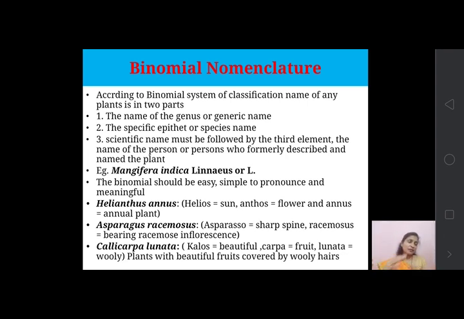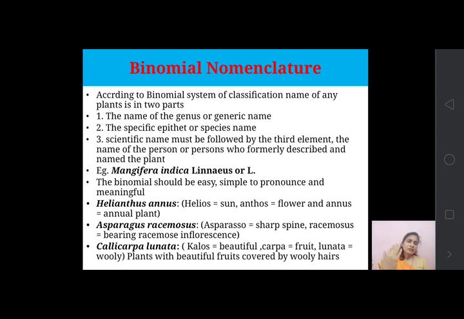We can get an idea about this plant by knowing its binomial name. Shatavari, that is Asparagus, is a plant which bears a sharp spine and shows racemose inflorescence. So this is the meaning of some of the words taken for giving the name to a particular plant.